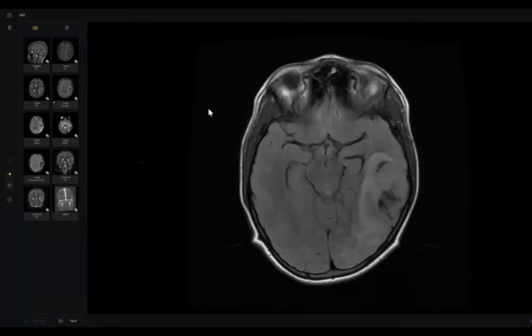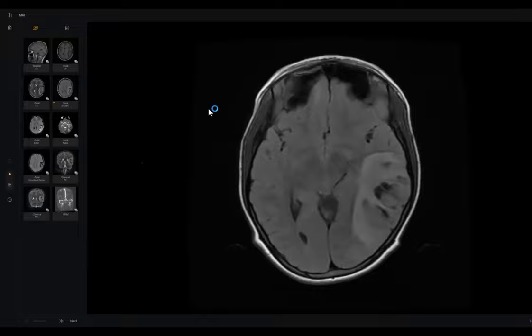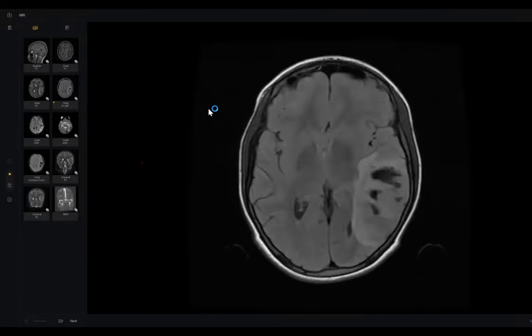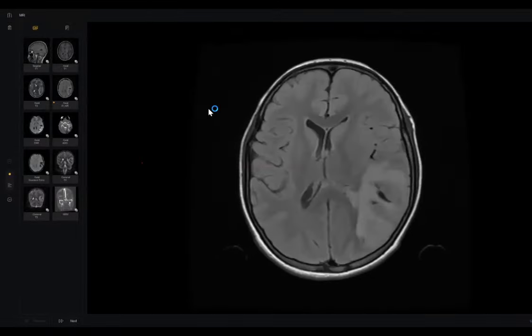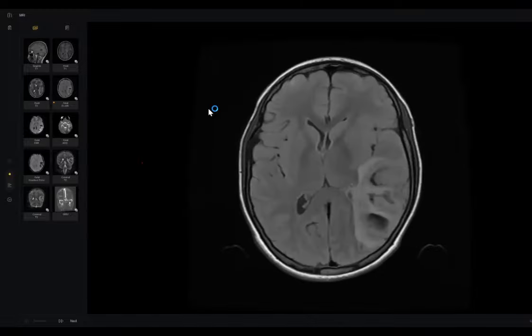For this 15-year-old child with a cortical based tumor with mild mass effect and low signal intensity areas within the lesion, my differential would include cortical based tumors like ganglioglioma or DNET.